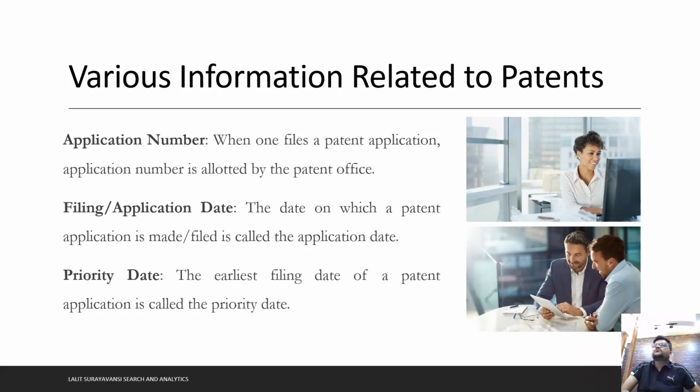But in case you file your first application in a different country and you file a subsequent application in another country also, then the priority date is the date when you first filed your patent application in the first country. That date becomes the priority date for the other applications you file in different countries, because the filing date in those other countries is different from the filing date of your first application. So the first application filing date is the priority date.